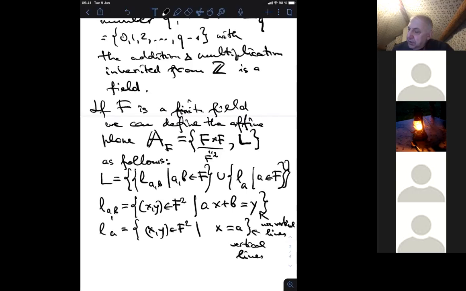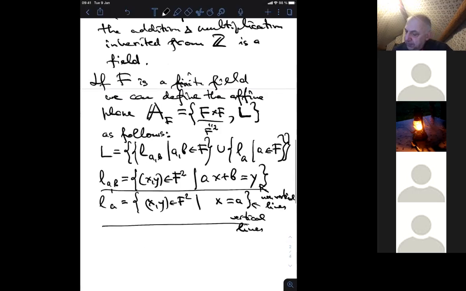Now I want to show that the Cartesian product of F with itself, with the set of lines defined like this, will satisfy all our axioms. So proof. Why is this a finite affine plane in our usual sense?